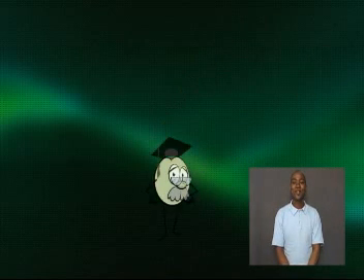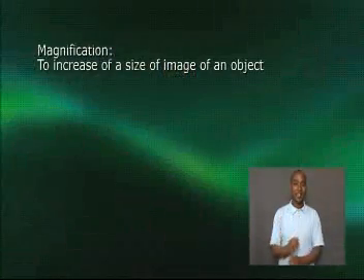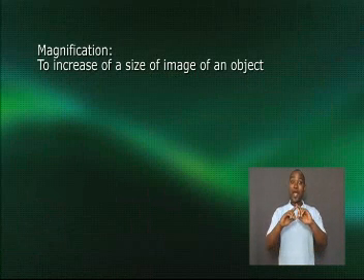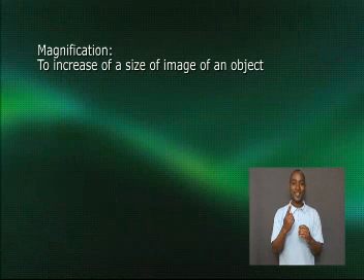Time's up. Let's get back to our lesson. Welcome back, students. I am sure everyone was able to remember all the terms. Let us review them together. The term magnification means to increase the size of an image of an object.